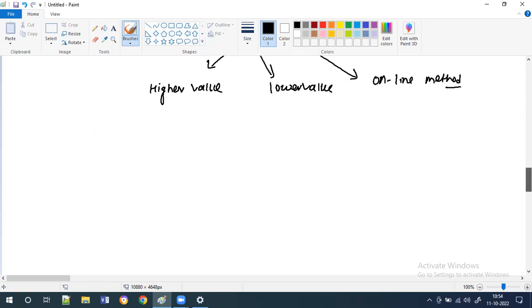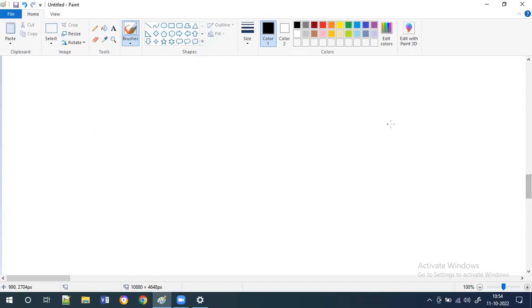So before that, make a table. The table is something like this: to the power 0, to the power 1, to the power 2, to the power 3, 4, 5, 6, 7.